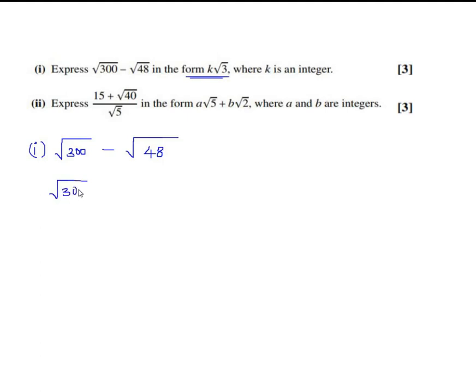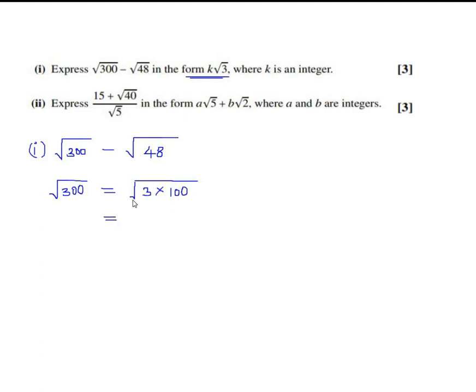Square root of 300. As I had said, always try to resolve this given number as one of the square number multiplied with a non-square number. Here I can see that 300 can be resolved or split as 3 times 100, where 3 is a non-square number and 100 is a square number.